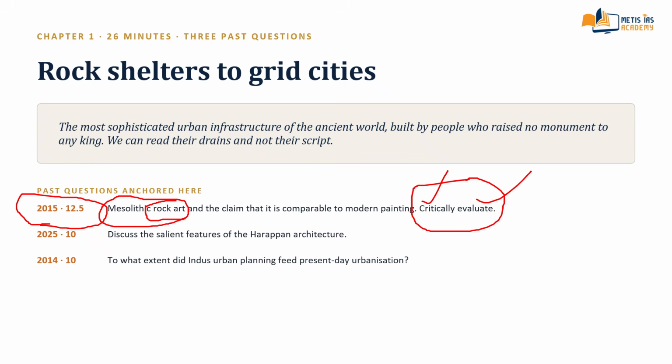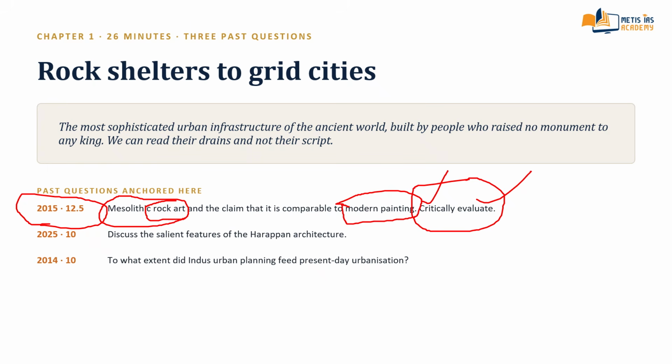What it is describing is rock art, painting on the walls of natural shelters, not excavated architecture at all. So do not correct the examiner in your answer. Simply write about the paintings, which is unmistakably what is meant.